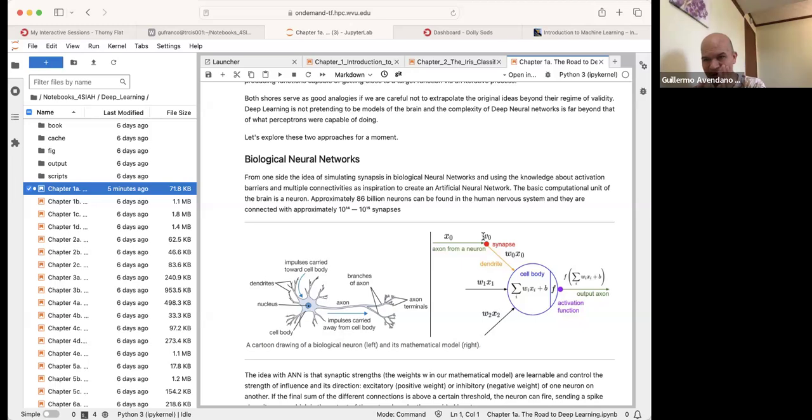And at the end, we will introduce what we call an activation function. The activation function is like the sigmoid, this function that goes from 0, starts climbing, and goes to 1. That is a non-linear function.